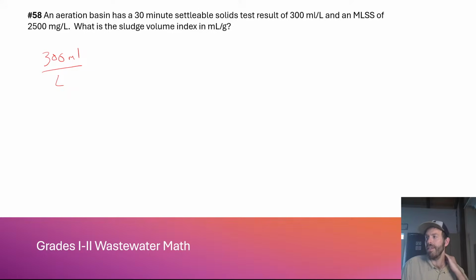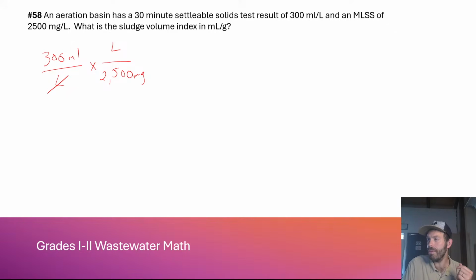300 milliliters per liter. This is a volume on volume measurement. You're not weighing anything here. So SVI doesn't work unless you've got a weight of something, and that's going to be your MLSS, which is milligrams per liter. So what you're going to do is convert over to milliliters per gram. It's actually very simple, so I'm just going to write it out here. Milligrams per liter.